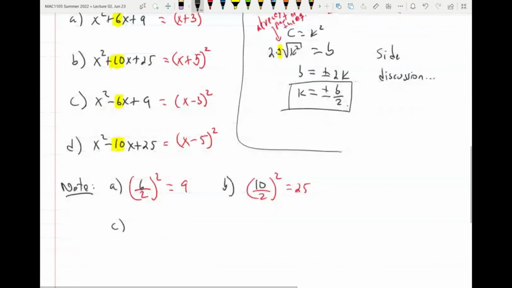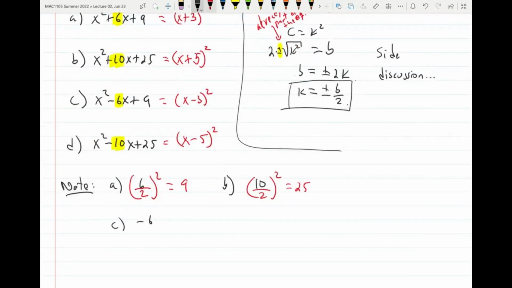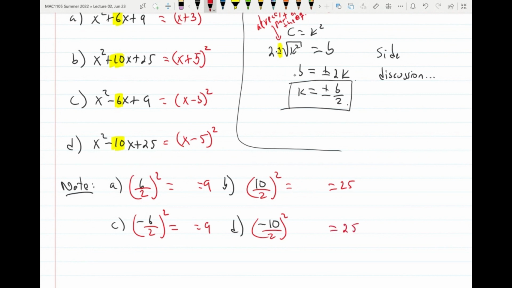And the observation is that whether you take a positive or a negative, it doesn't matter. You divide it by 2 and you square it, you keep getting what you're supposed to get. So take the -10, divide it by 2 and square it. You keep getting what you're supposed to get.